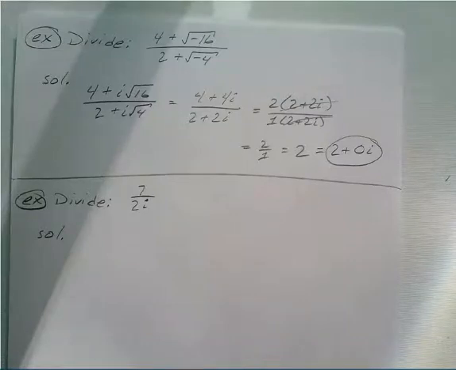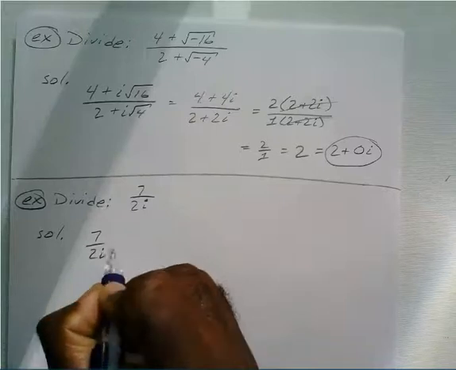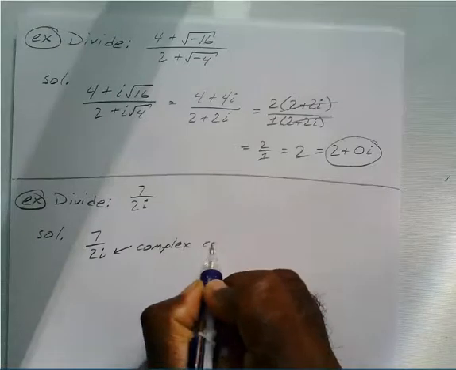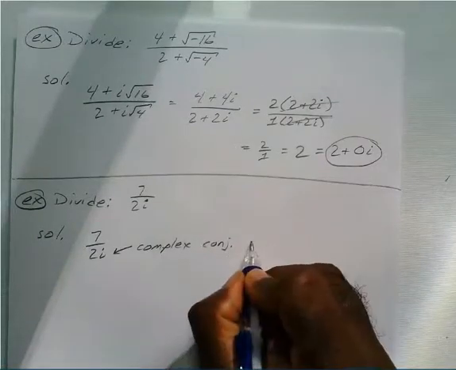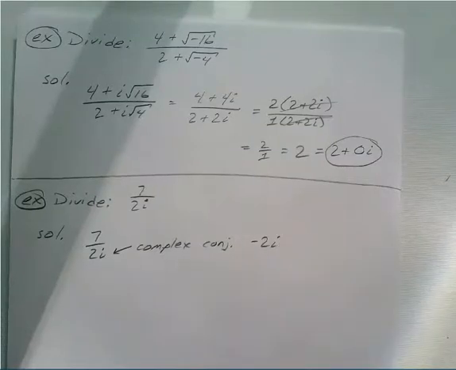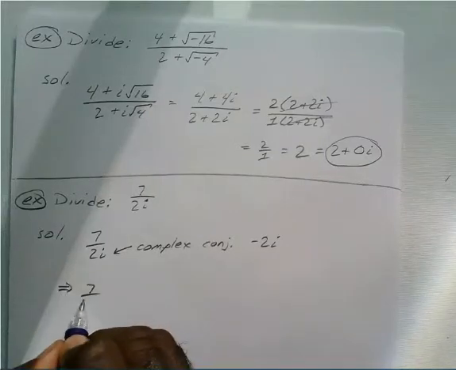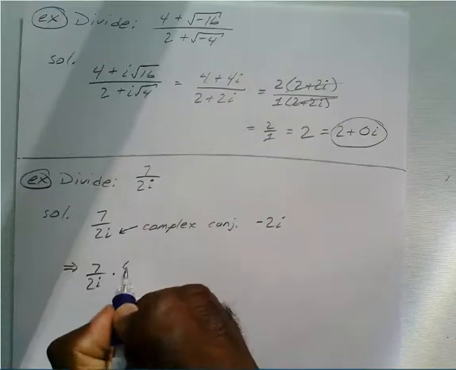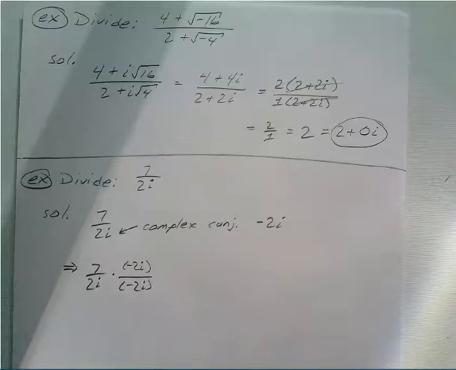Okay, so 7 over 2i, we know that the complex conjugate of the denominator is negative 2i. Okay, so that means 7 over 2i, you're going to multiply that by negative 2i over negative 2i.